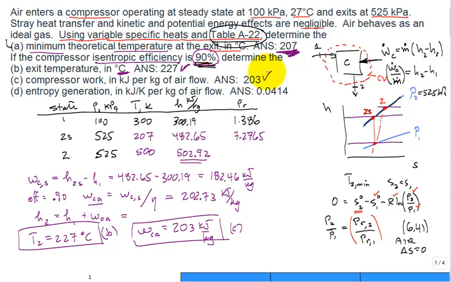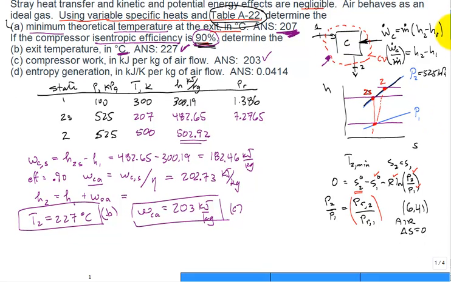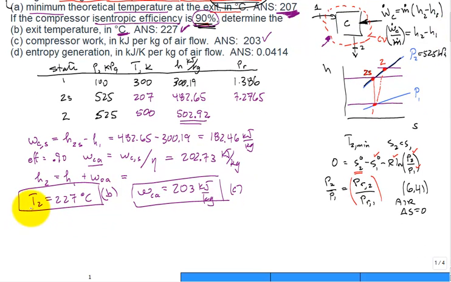Check. And then entropy generation. Okay, now we have a little bit more work to do. Let's do a second law analysis for that compressor. And we find that, I'm going to change color, sigma dot equals m dot times the S exit minus entropy inlet.